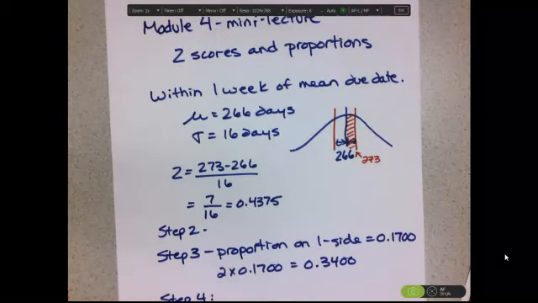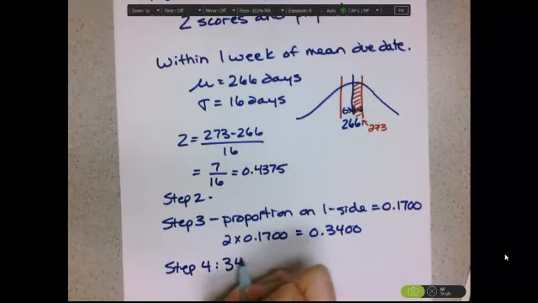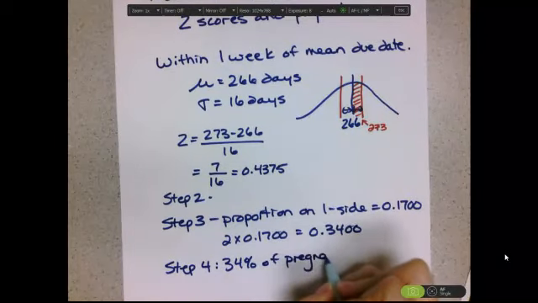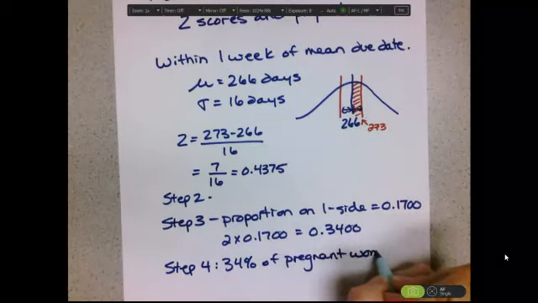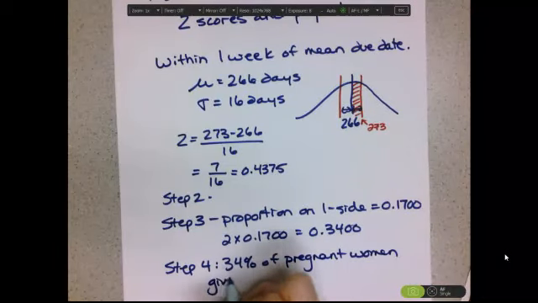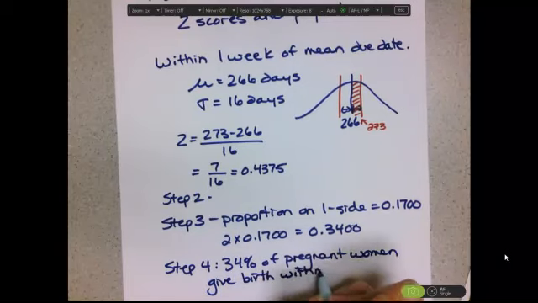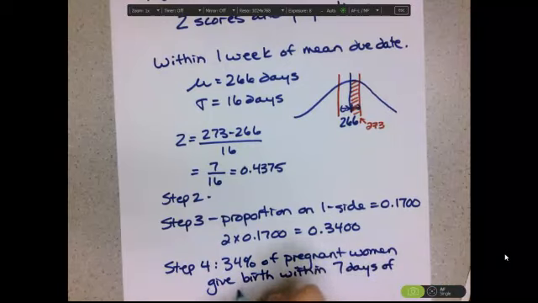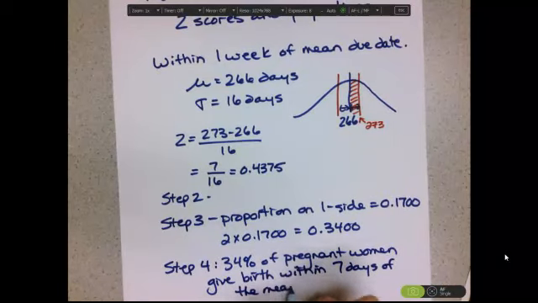Our conclusion is that 34% of pregnant women give birth within 7 days of the mean due date. So that's another example of how you can calculate this.